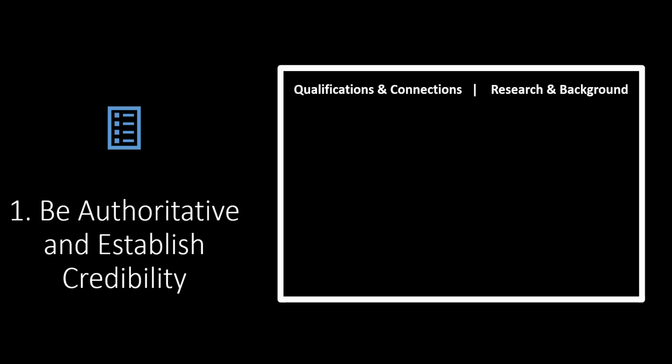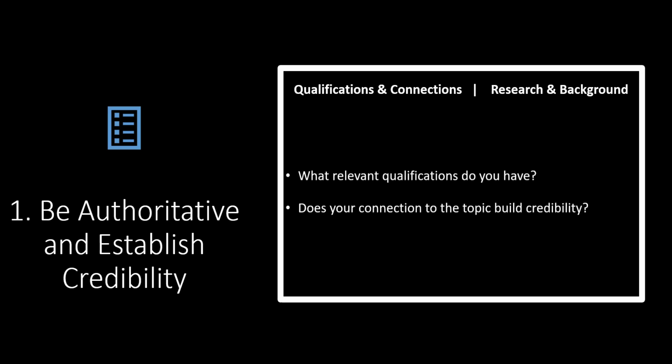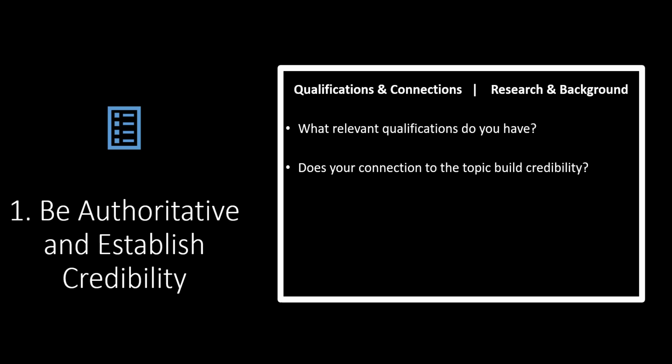Number 1 is be authoritative and establish credibility. That is the best way to get readers on your side and agreeing with you. There are 2 ways that we can do this. One is through qualifications and connections, and the other is through providing good research and background information.